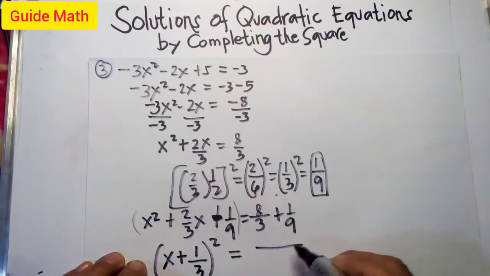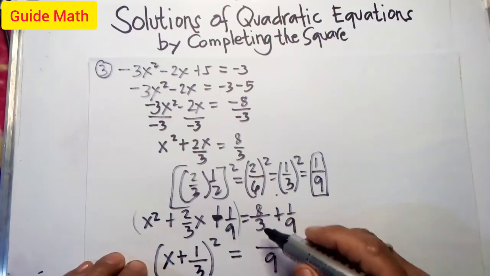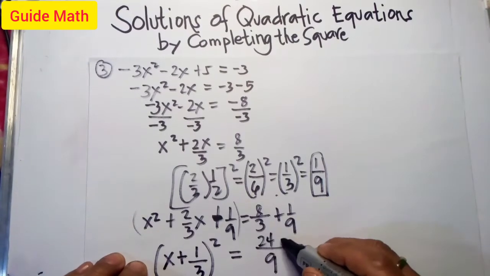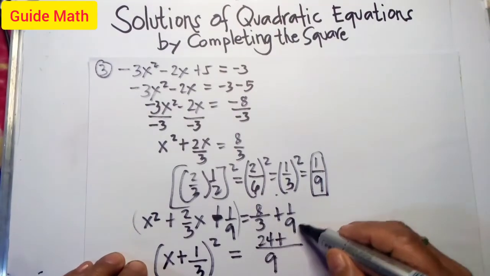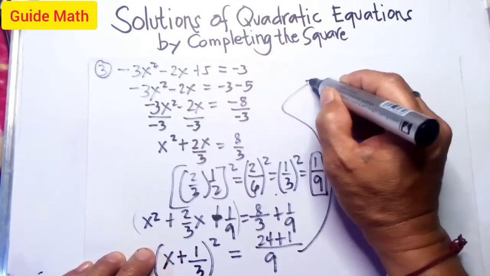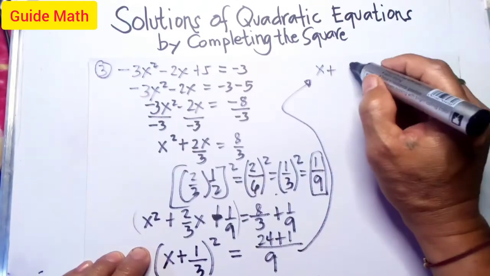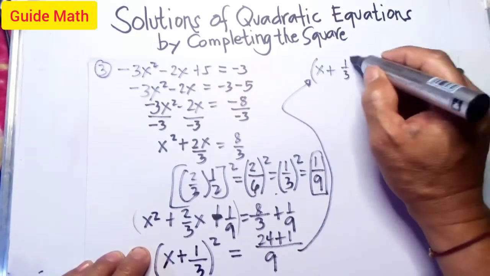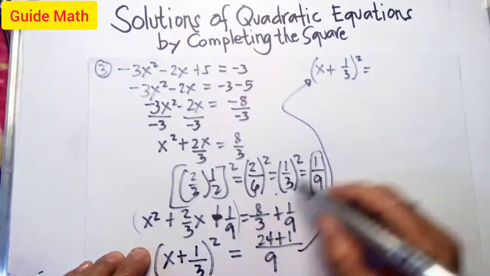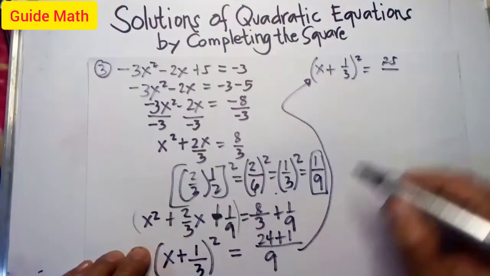To combine natin, LCD tayo ng 9. 9 divided by 3 is 3 times 8 is 24 plus 9 divided by 9 is 1 times 1 is 1. So this will become equal to, we have x plus 1/3 squared is equal to 24 plus 1 is equals to 25 over 9.